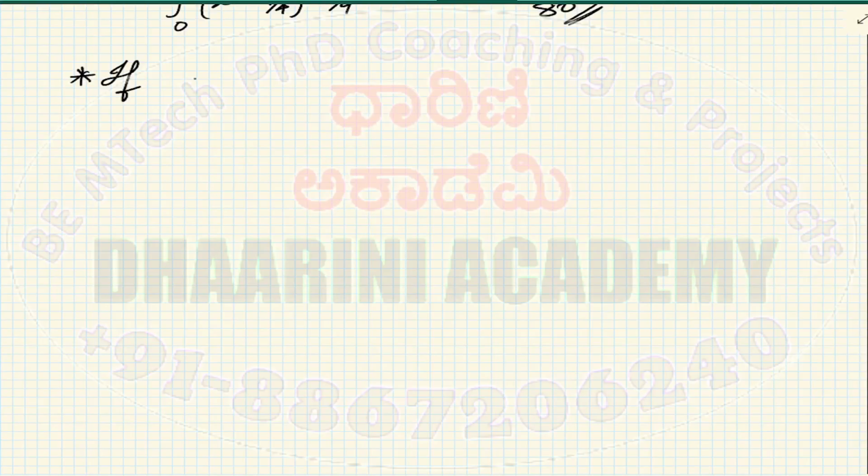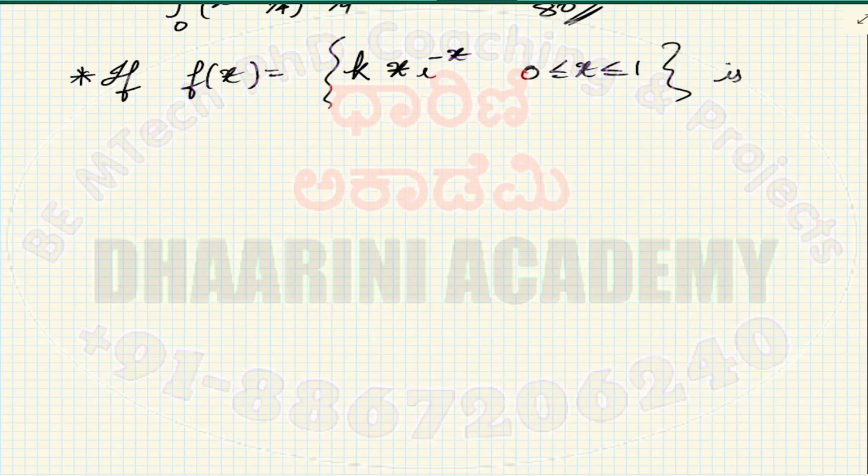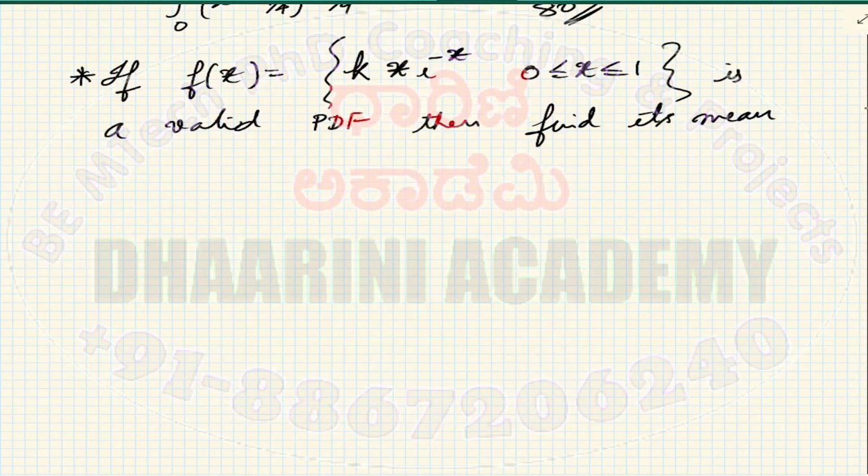If f of x is equal to k x e to the minus x, for 0 less than or equal to x less than or equal to 1, is a valid PDF, then find its mean and the probability that 0.25 less than or equal to x less than or equal to 0.75.